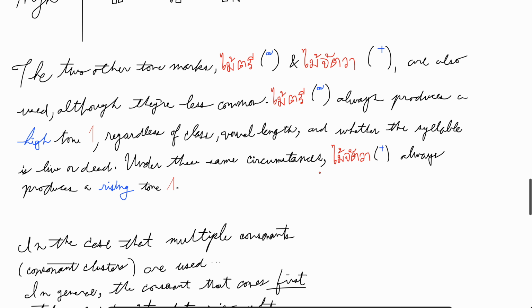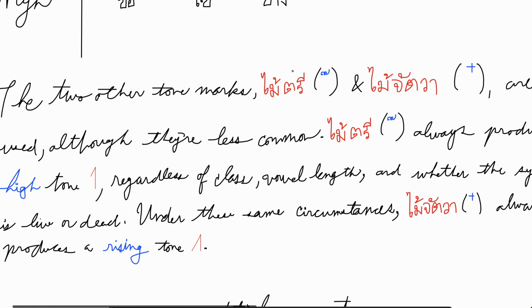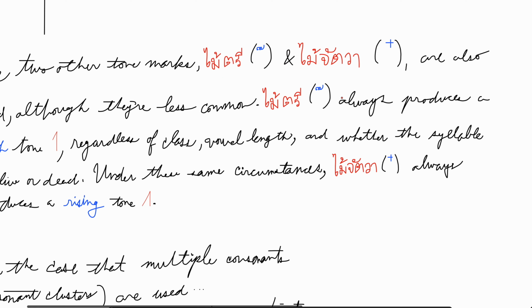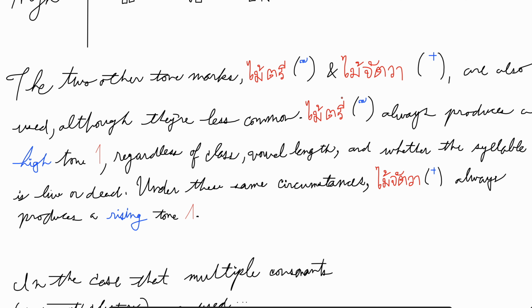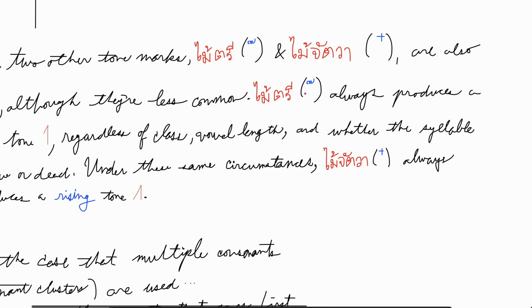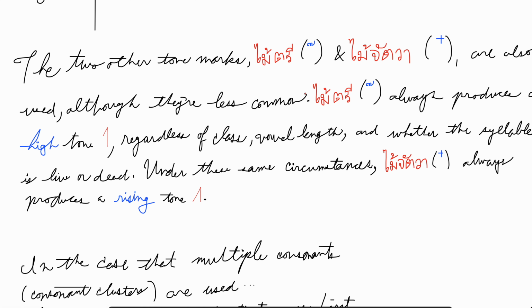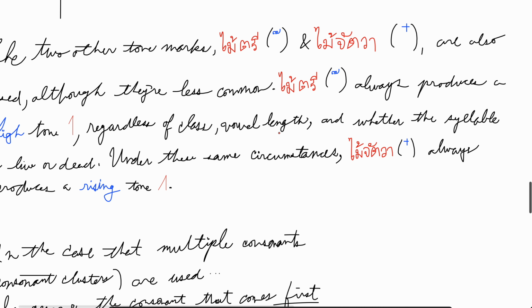There are two other tone marks that are very, very easy. Fortunately, these two other tone marks, mai tri and mai chattawa, are also used, although they're less common, and they're actually consistent. Mai tri always produces a high tone. Always.